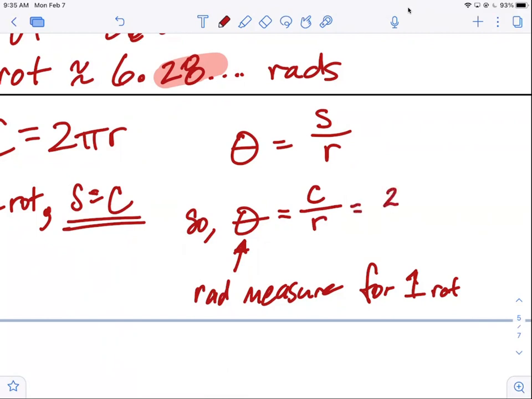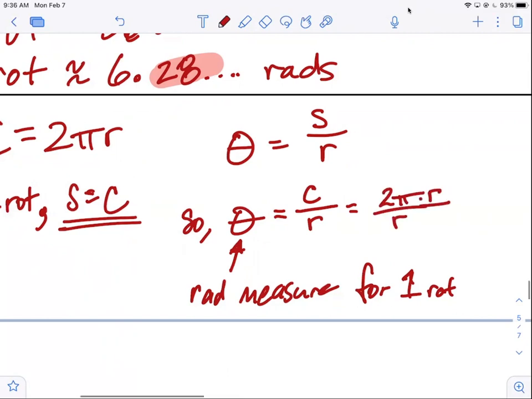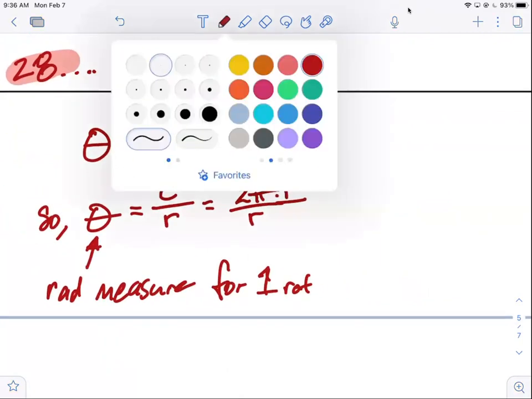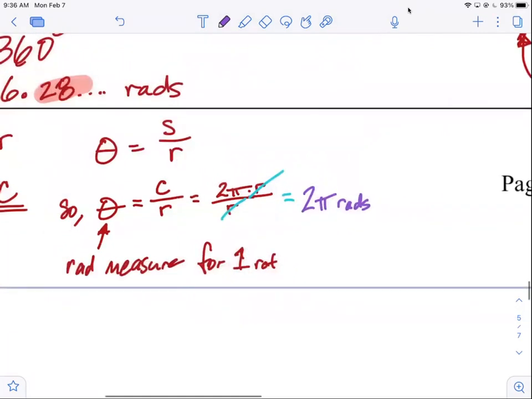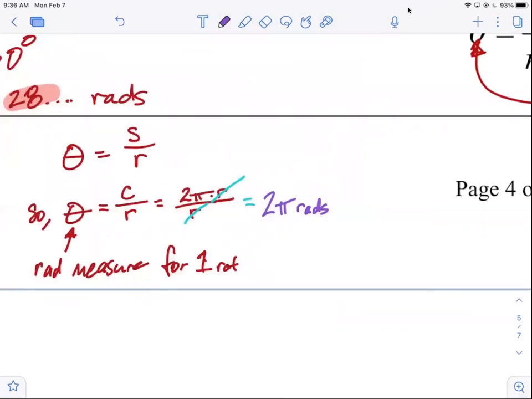C, we know, is 2 pi r, divided by r. And guess what happens with your r's? They divide out, and we're left with, oh my gosh, 2 pi radians. And we just came up with a conversion factor.